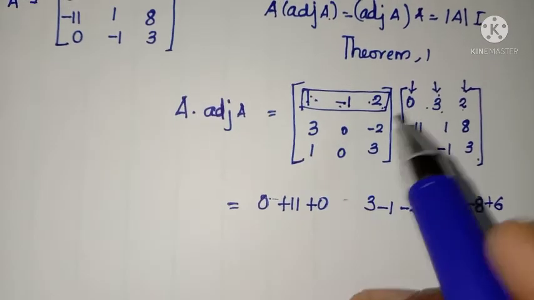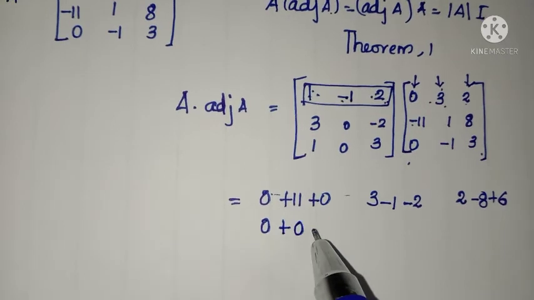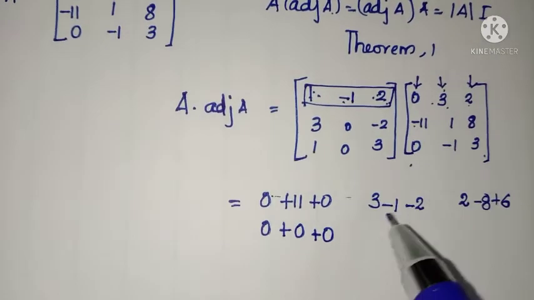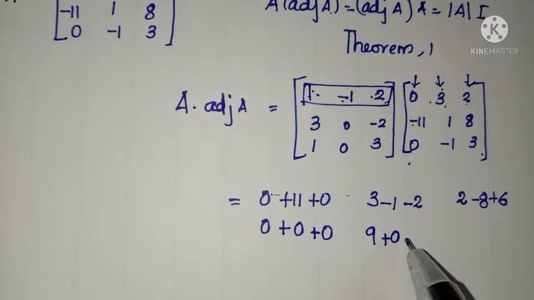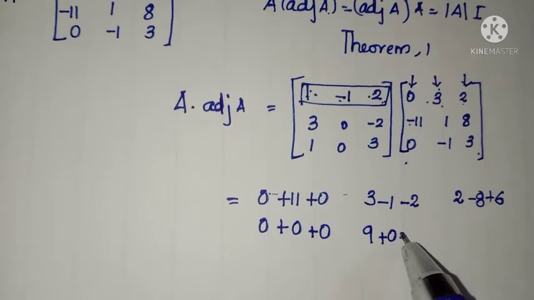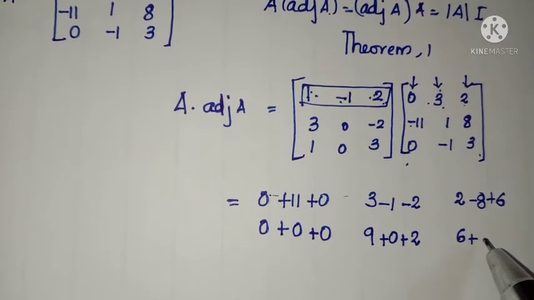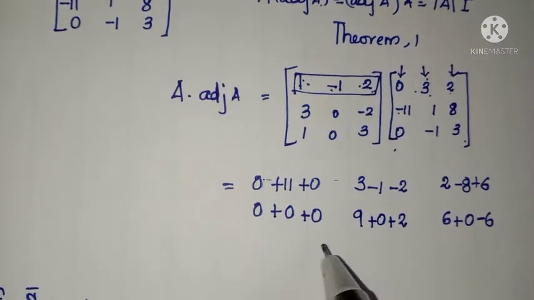Okay. 3 into 0, 0, plus 0 into minus 11, 0, plus minus 2 into 0, 0. 3 into 3, 9, plus 0 into 1, 0, minus 2 into minus 1, plus 2. 3 into 2, 6, 0 into 8, 0, minus 2 into 3, minus 6.